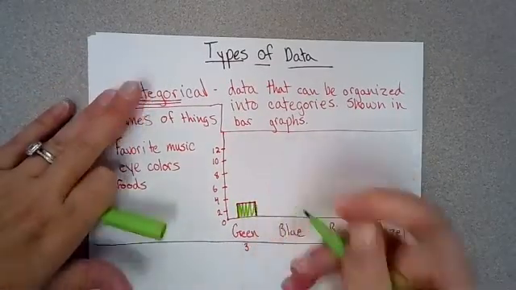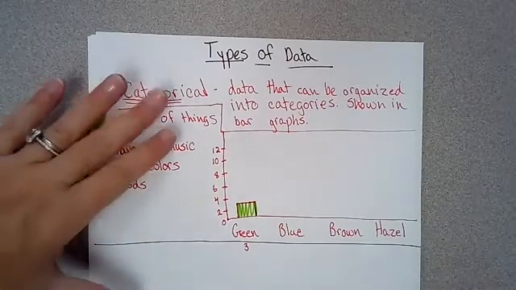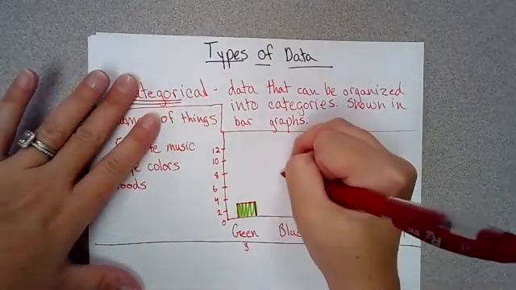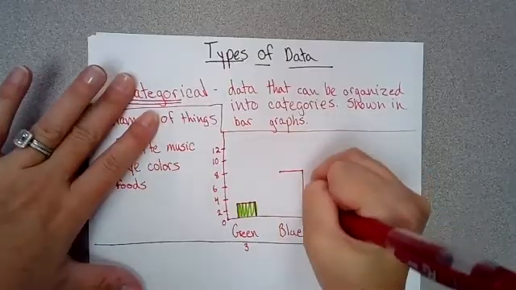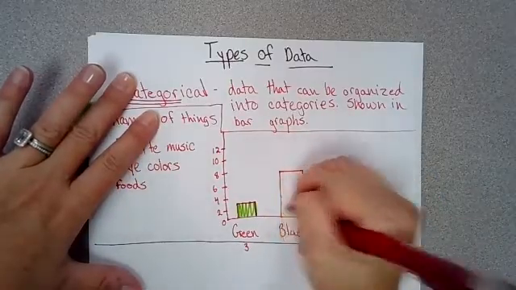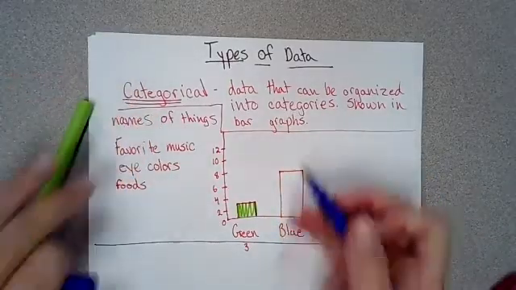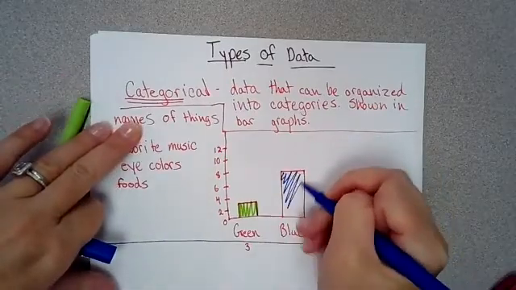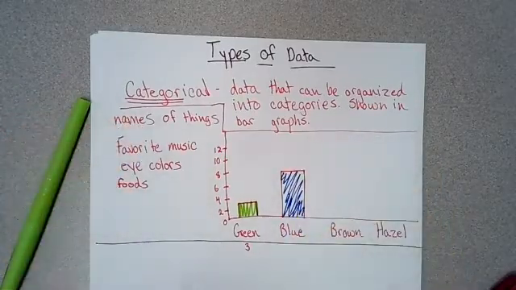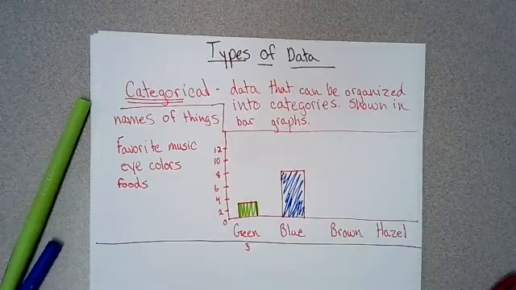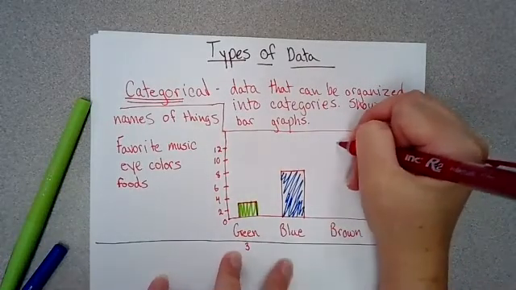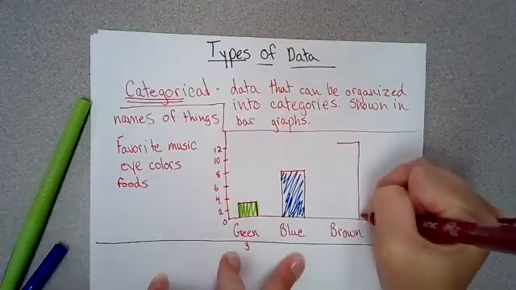I'm going to color it green. And then let's say we had 8 blue. So we're going to come to the blue line, and obviously on a real chart paper, this would be much more organized. So we had 8 blue. And then maybe brown, we had 12 because brown is the most common eye color, right?